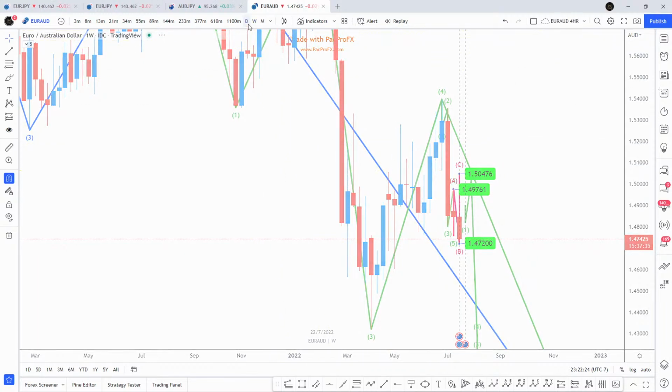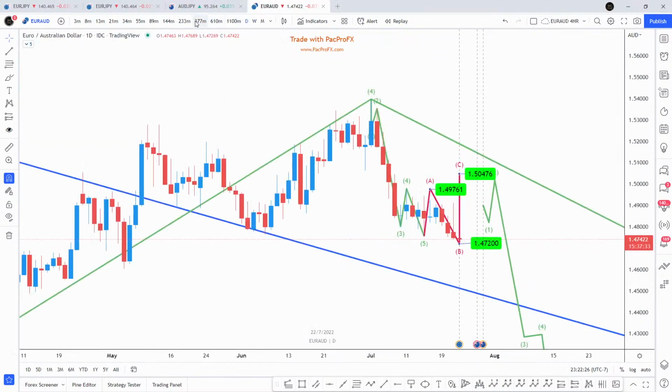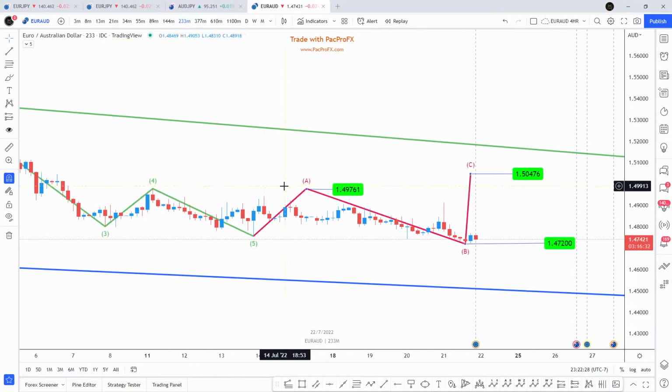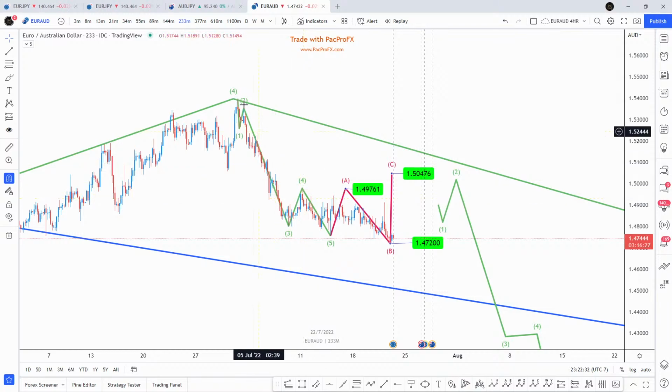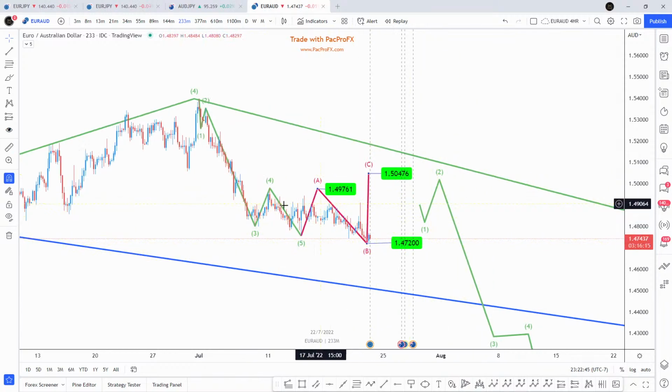So where were we? So this came down here. All right, and let me see. It is trying to see what kind of complex correction that it's up to, because this was a 5-wave pattern. 1, 2, 3, 4, 5.